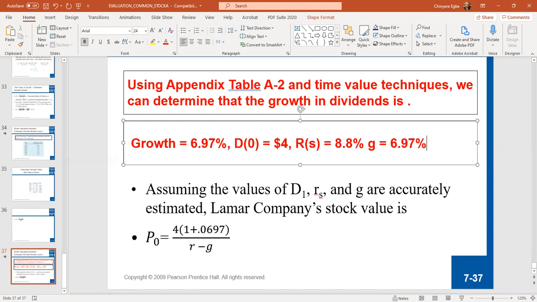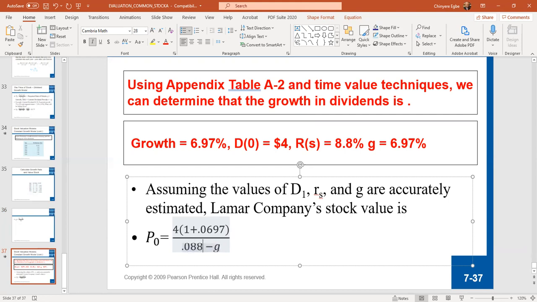Growth rate is 6.97%. So required rate of return is 8.8%, 0.088, excuse me, and our growth is 0.0697. All right, so what do we have?